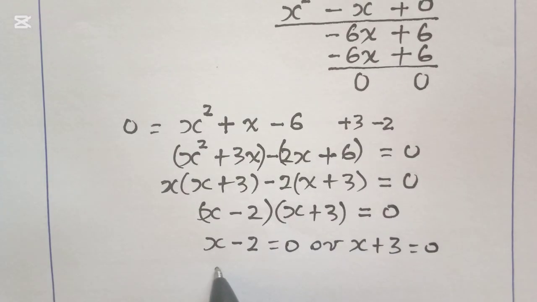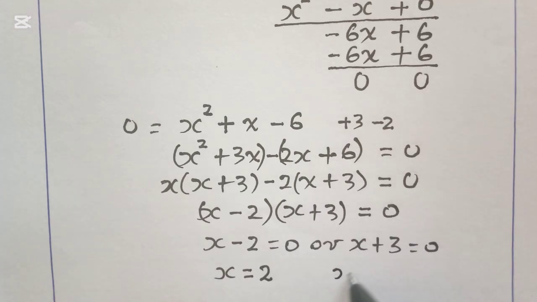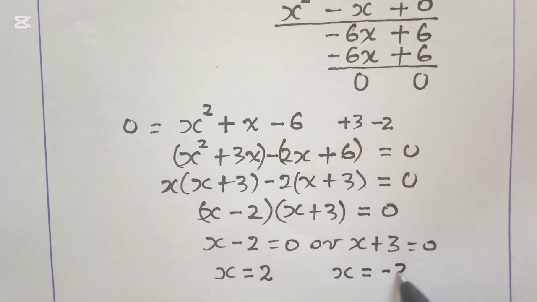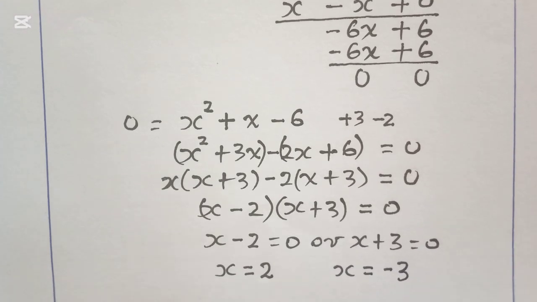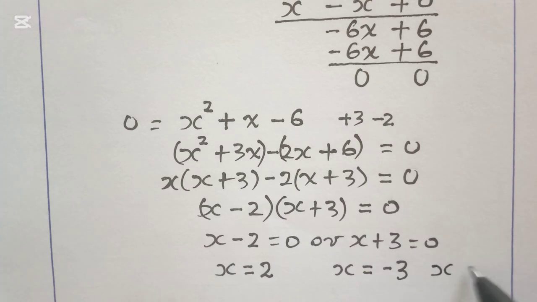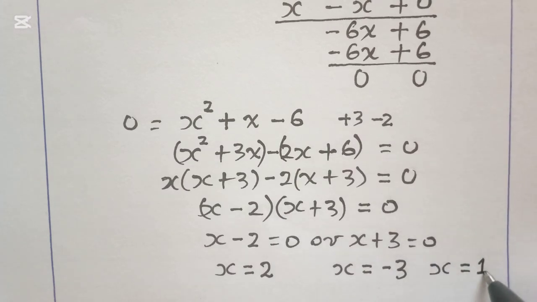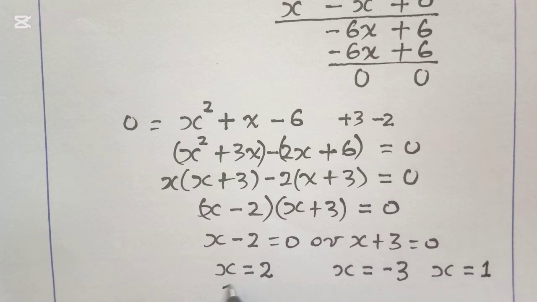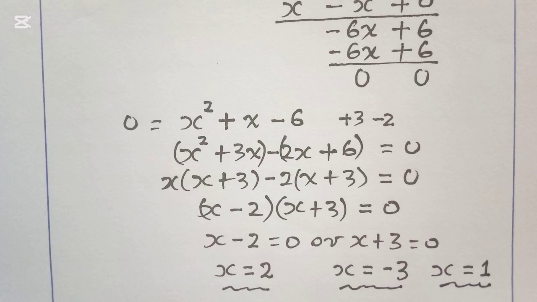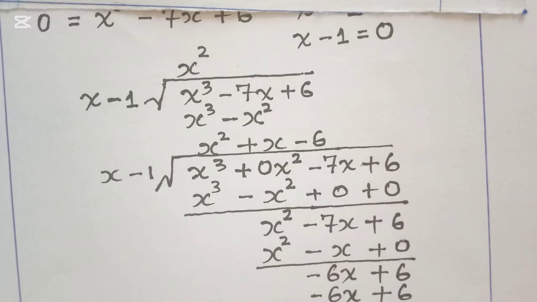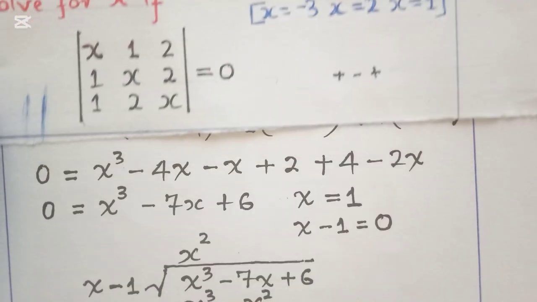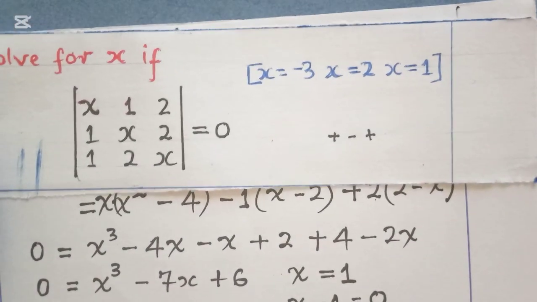And so our x here is going to be equal to 2, and our x here is going to be negative 3. So guys, those are our solutions, together with x equals 1. And so guys, we come to the conclusion of the matter. So those are our solutions for this problem. And as you can see, the answers correspond to what I had already worked out and found.